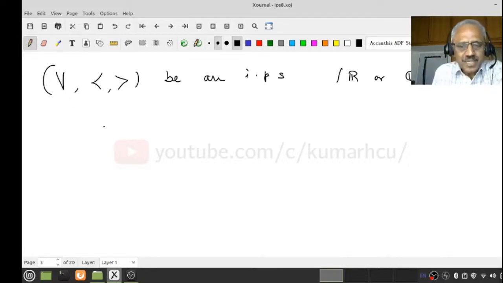What are the things I want you to remember? Suppose V is a non-zero vector, and X is any vector.